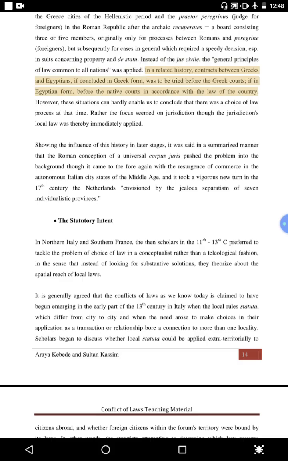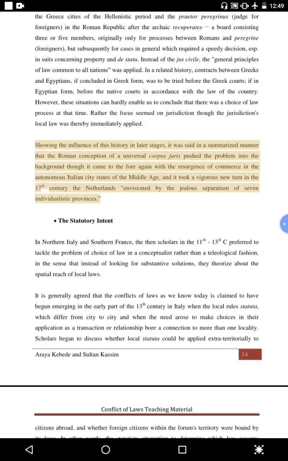In a related history, contracts between Greeks and Egyptians, if concluded in Greek form, were to be tried before the Greek courts, if in Egyptian form, before the native courts in accordance with the law of the country. However, these situations can hardly enable us to conclude that there was a choice of law process at that time. Rather, the focus seemed on jurisdiction, though the jurisdiction's local law was thereby immediately applied.